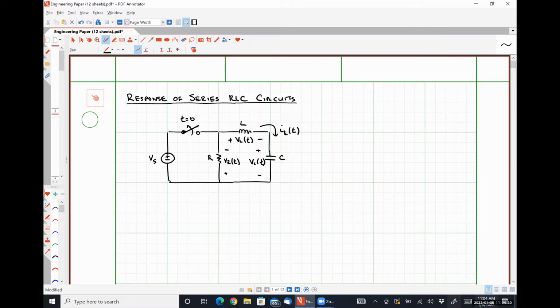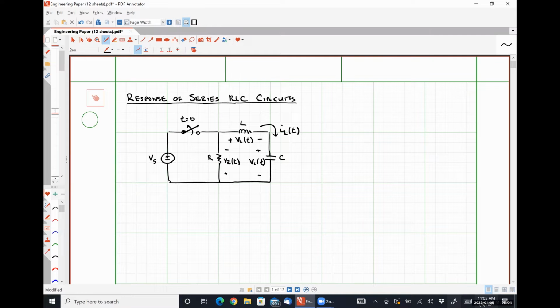So while our switch is closed, it should be fairly obvious in this particular circuit, right? So with our switch being closed, we would observe, if it's been closed for a very long time, that our inductor and our capacitor are going to look like their DC steady state equivalents, which would be a short circuit for the inductor and an open circuit for the capacitor, right?